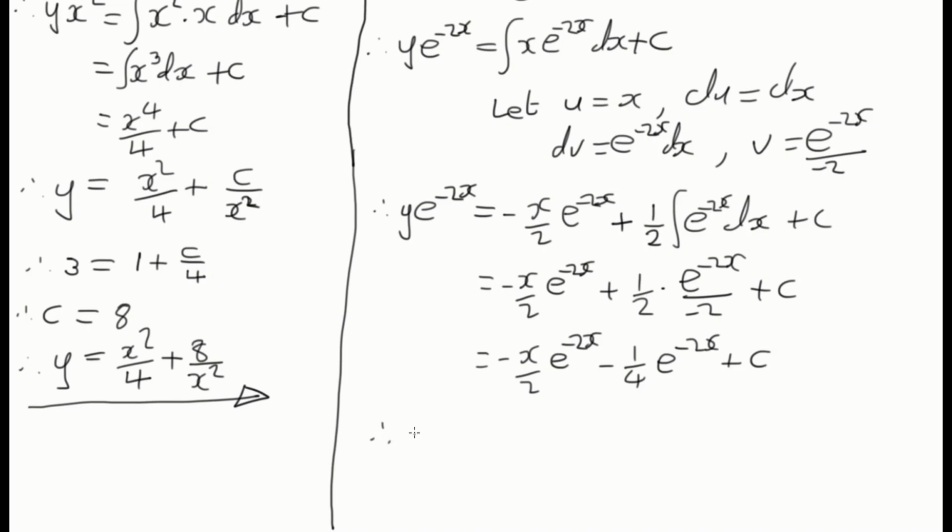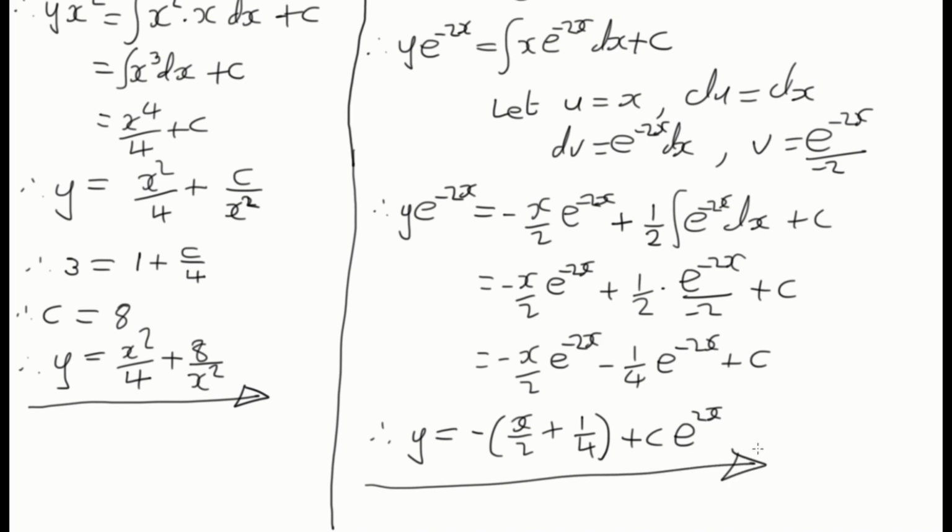So therefore in conclusion, y is equal to minus x over 2 minus 1 over 4. The exponents will cancel, plus a c e raised to positive 2x. Positive 2x because it was minus from the bottom.